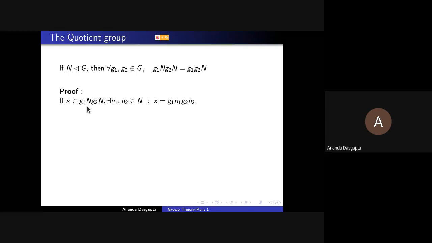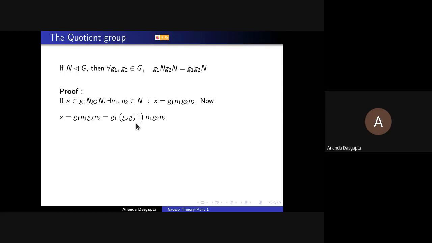If any element X belongs to g1N g2N, that means it must be a product of an element of g1N, which is g1n1, and an element of g2N, which is g2n2. So there must be n1, n2 in the normal subgroup N, so that X is g1n1g2n2. But now, let's just point out that you can identify this with an element of g1g2N by simply doing this.